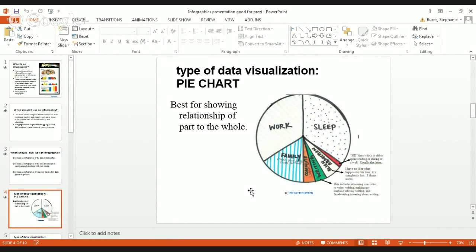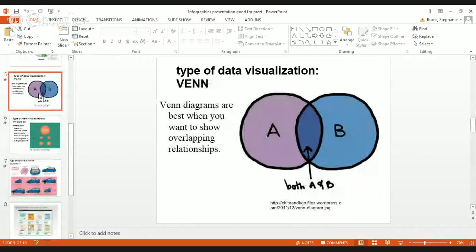Okay, now we're going to take a look at some different types of data visualizations. The first one is a pie chart. This is best for showing the relationship of a part to the whole. Our next type of data visualization is a Venn diagram. Venn diagrams are two overlapping circles.